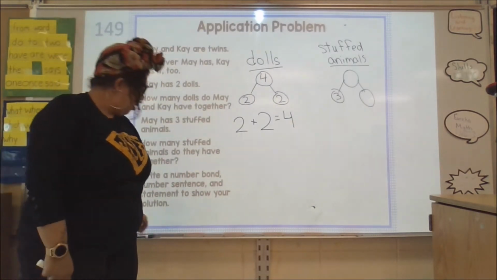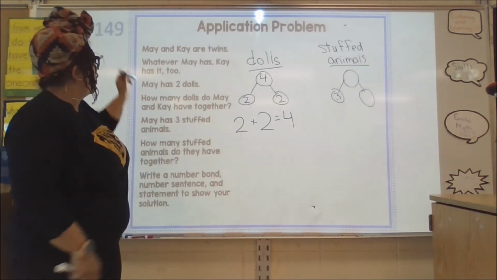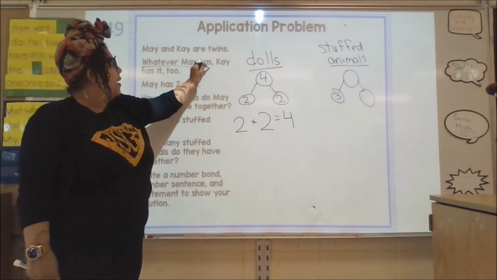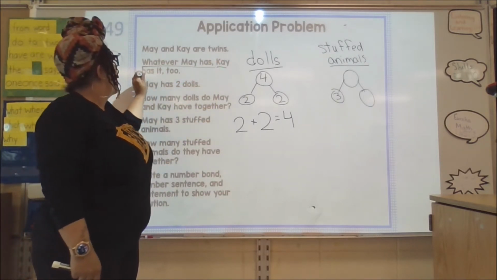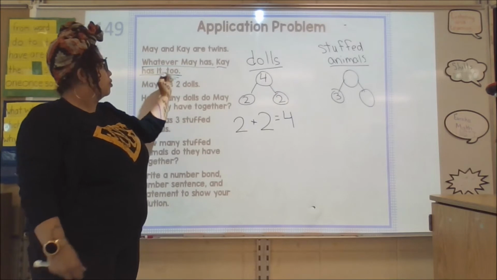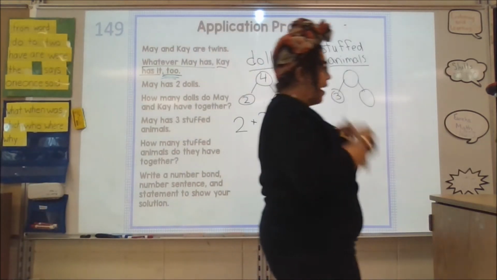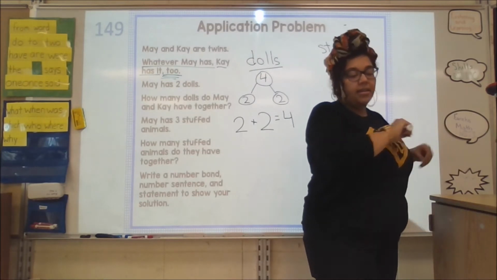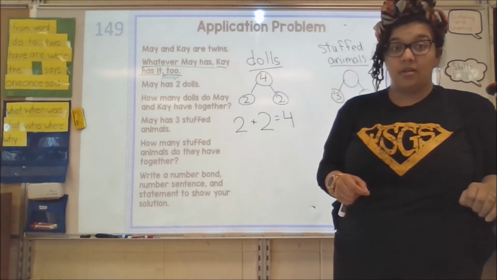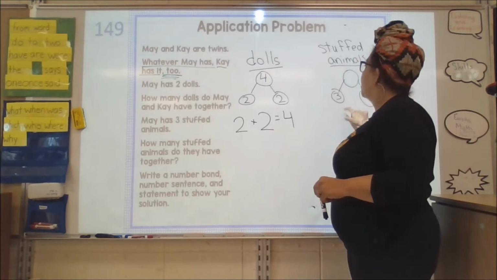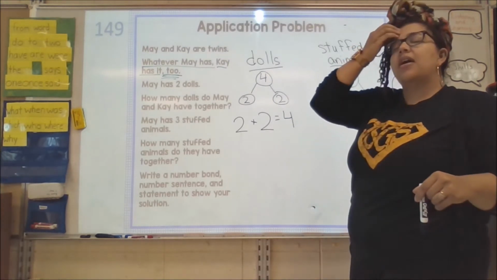Oh, I go back right here where it says, whatever May has, Kay has it too. So whatever one sister has, the other sister has as well in the same amount. Okay? So tell me, how many stuffed animals does Kay have?